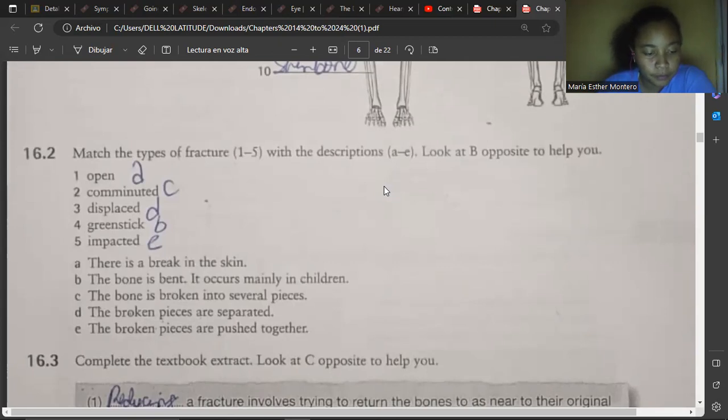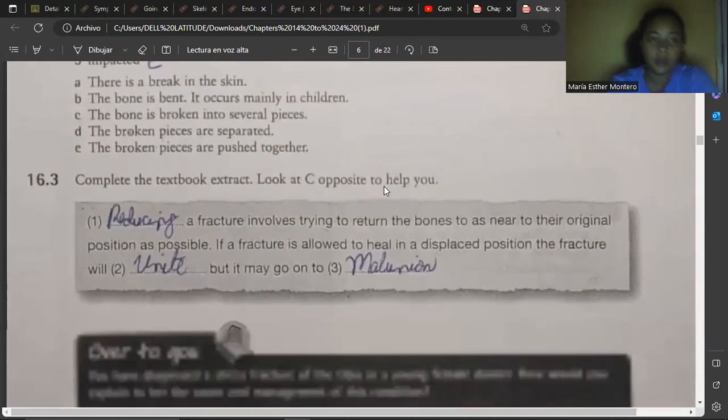Comminuted: the bone is broken into several pieces. Displaced: the broken pieces are separated. Greenstick: the bone is bent. It occurs mainly in children. Impacted: the broken pieces are pushed together.